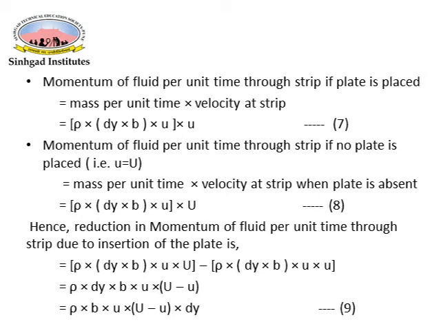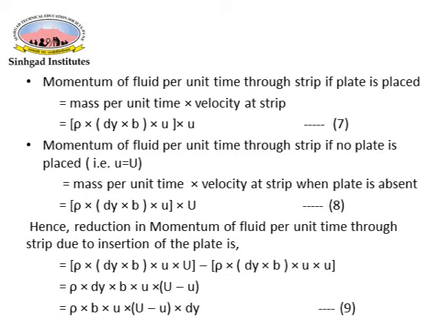Therefore, momentum of the fluid per unit time through the strip if no plate is placed, that is small u equal to capital U, equals mass per unit time into velocity at strip when the plate is absent, equal to rho dy b u into capital U.